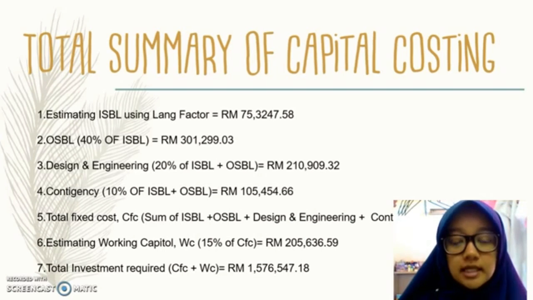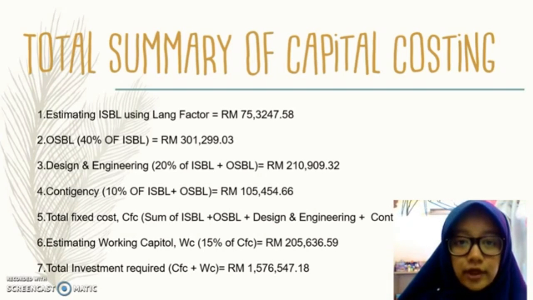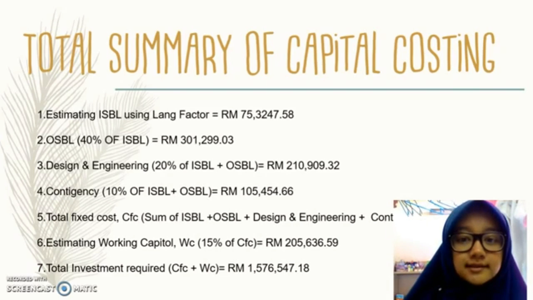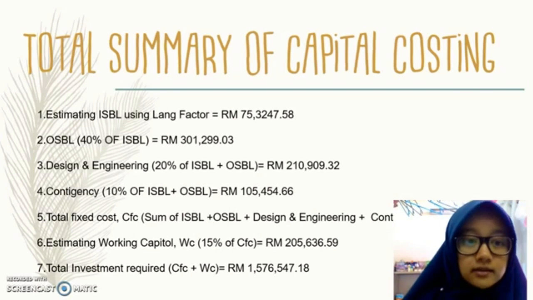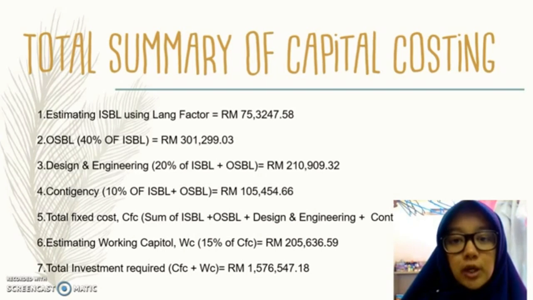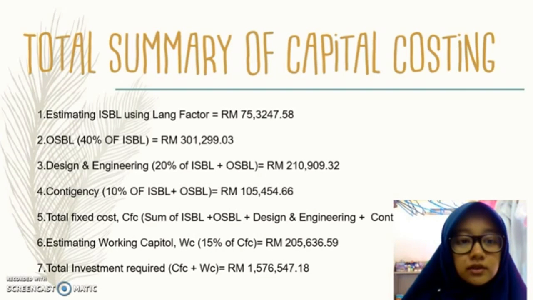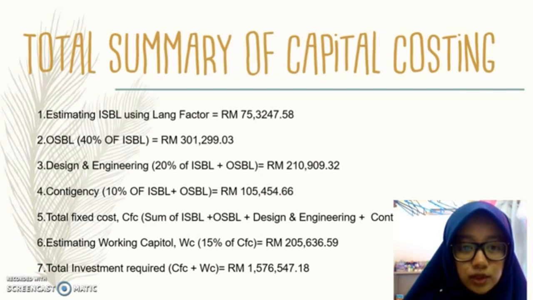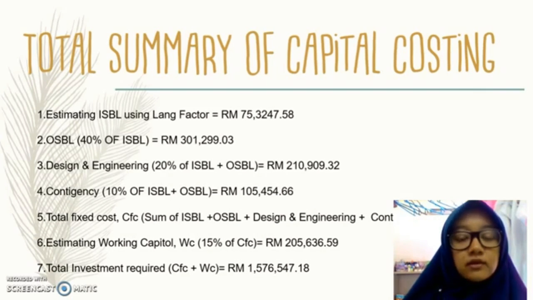Design and engineering is 20% of ISBL plus OSBL. Contingency is 10% of ISBL added to the OSBL. So the total fixed cost is the sum of ISBL, OSBL, design and engineering, and contingency. The working capital is estimated at 50% of the total fixed cost, and the total investment required is the working capital plus the total fixed cost.